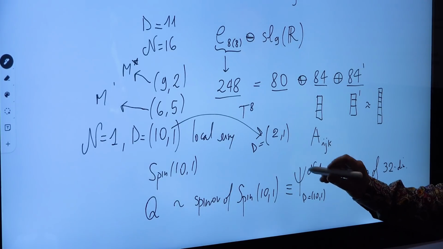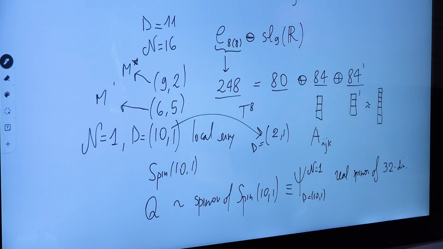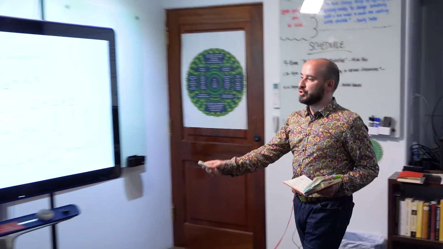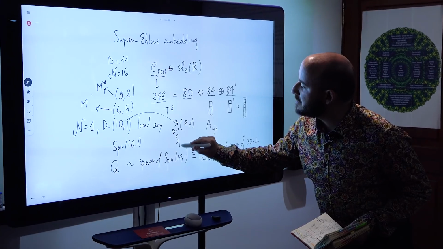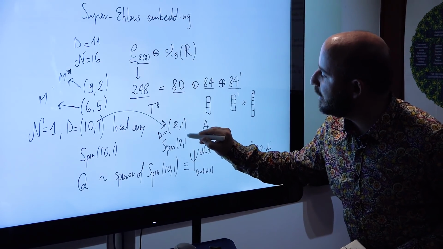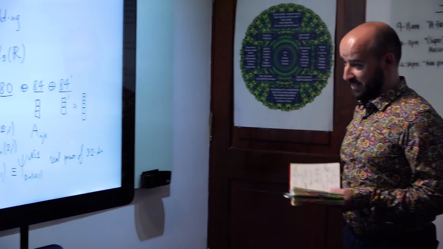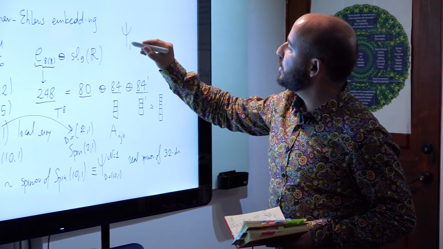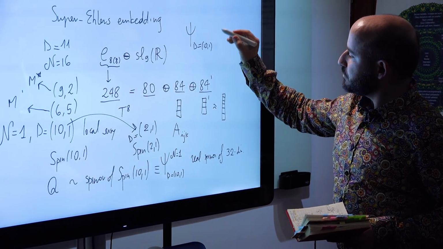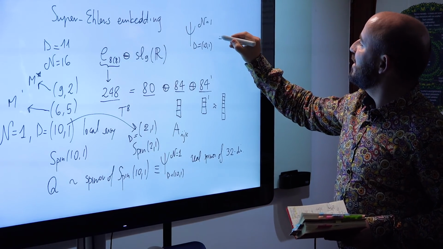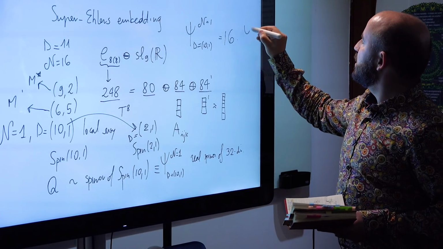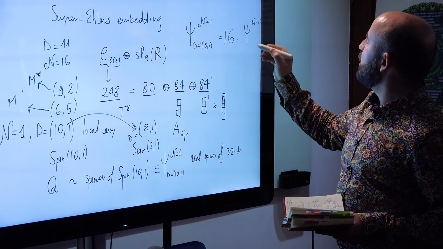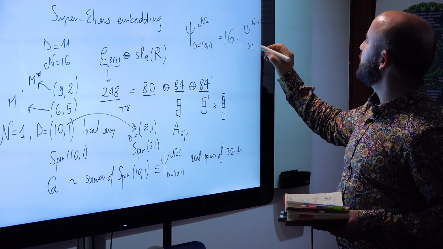The representation of Spin(10,1) will break down because it is too big to be an irreducible representation of Spin(2,1), the spin covering of SL(2,R). This spinor becomes 16 times the spinor of 3 Lorentzian dimensions.